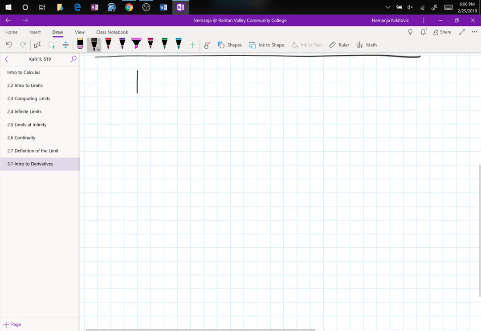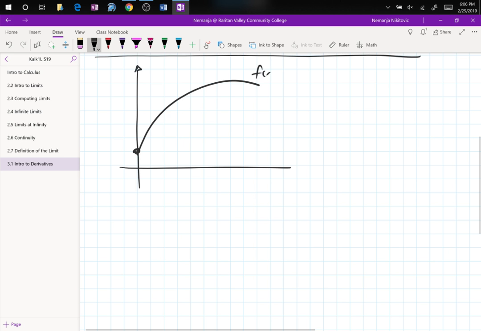So let's talk. The first graph is going to be a function f of x, and I am going to pick 2 points, P and Q, and you see that the point P will have x1, y1, and point Q, x2, y2.